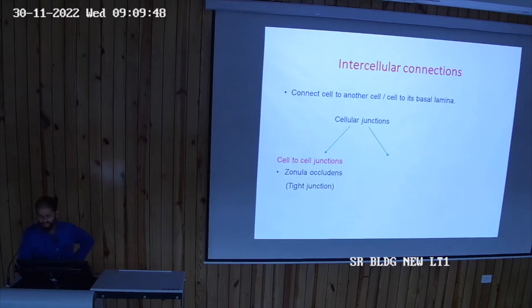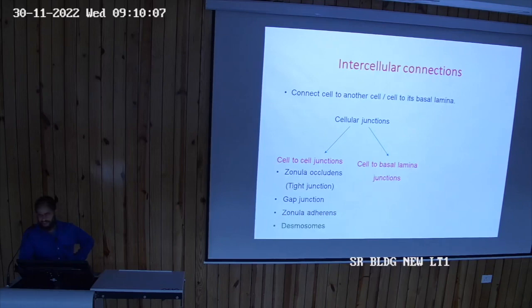Then there are zonula adherens, and gap junctions too. Gap junction is another form. Zonula occludens, that is tight junctions, then gap junctions, then zonula adherens.